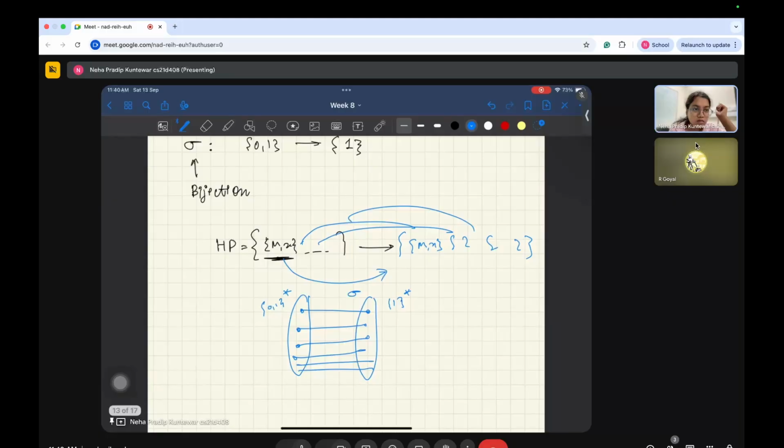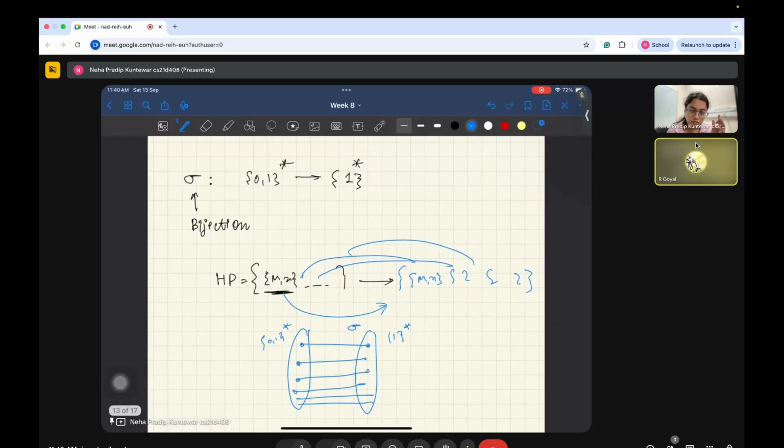I lost the flow somewhere at the point where we define this bijection. I could not understand how we are defining this bijection, in the sense that I have a pretty large binary string, and we are enumerating the entire binary string to 1 star.